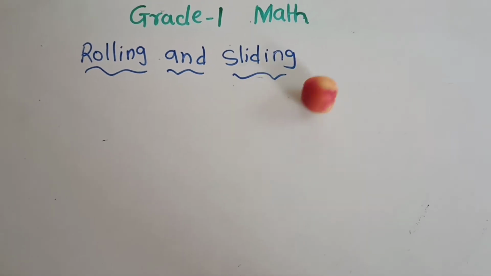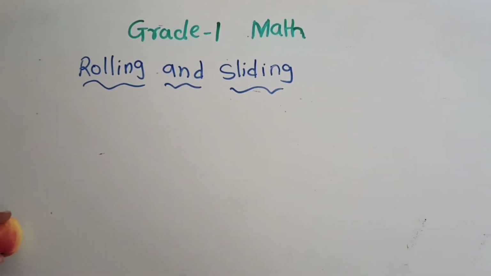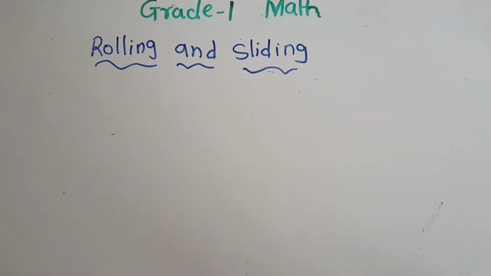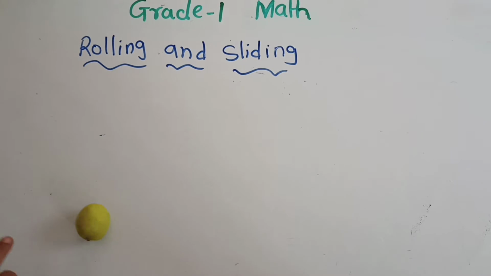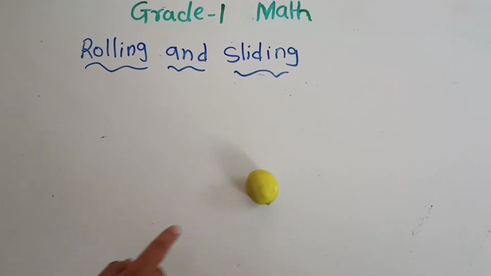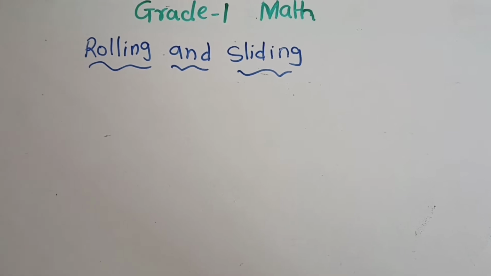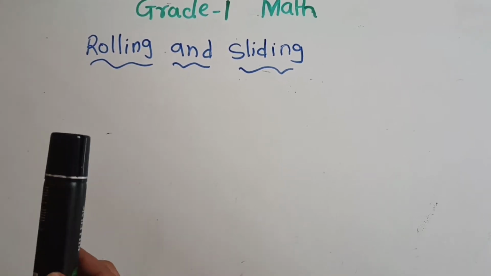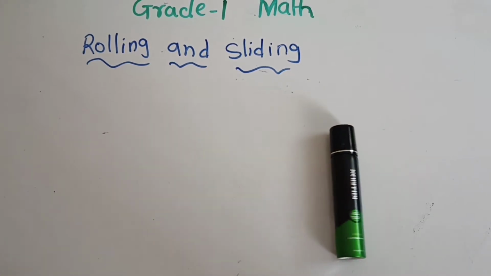If I push it, it also rolls. Here I have a lemon. Look, it is also rolling. Now here is a perfume bottle. When I push it, it also rolls.